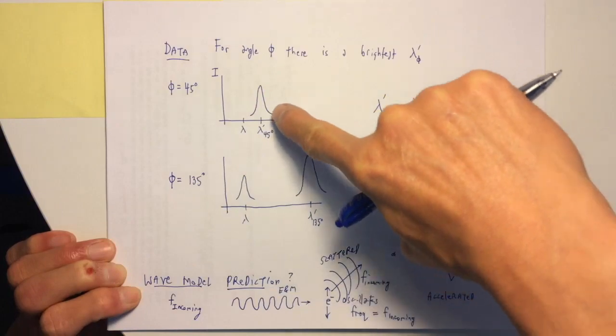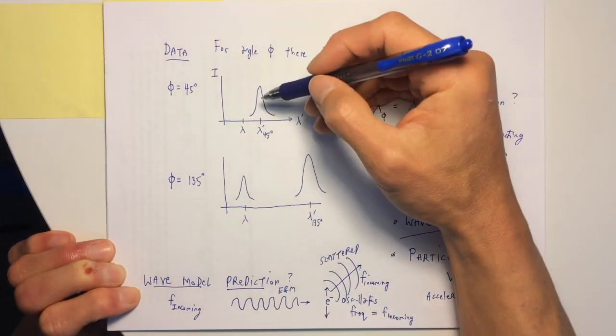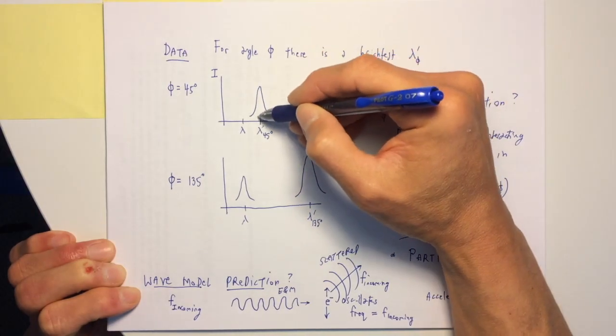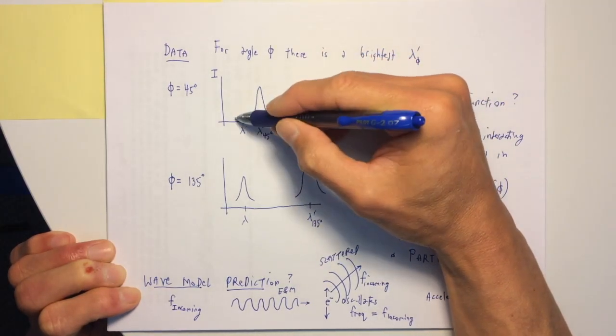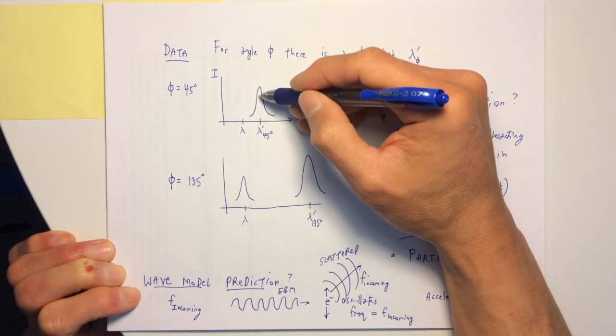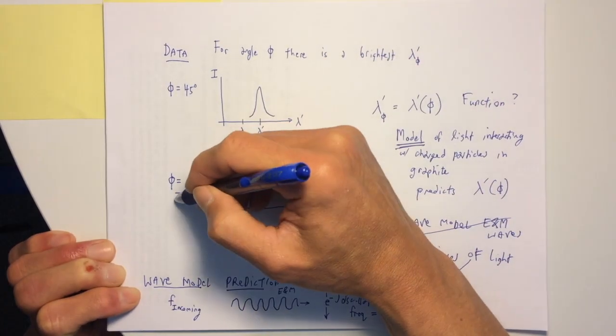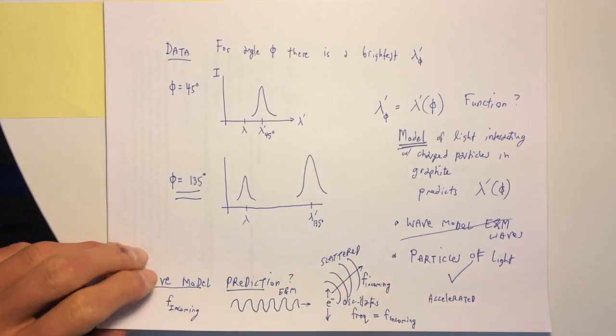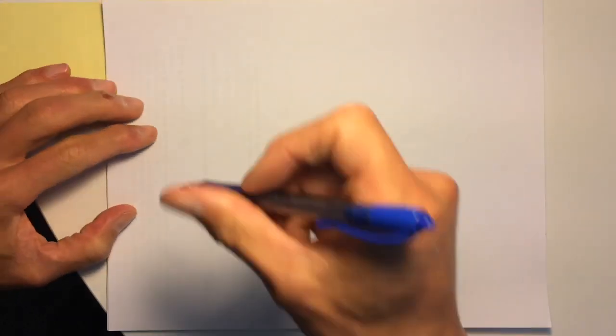But you can see here that the scattered radiation has a sharply defined different frequency than the incoming radiation. And that sharply defined different frequency seems to depend on the scattering angle. This has no scattering angle dependence, this wave model prediction. Okay, so how does the particle model work?